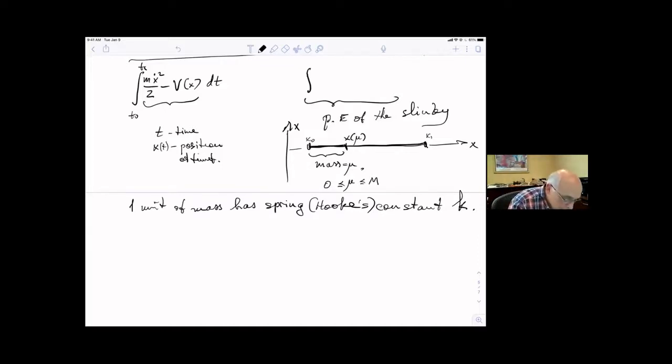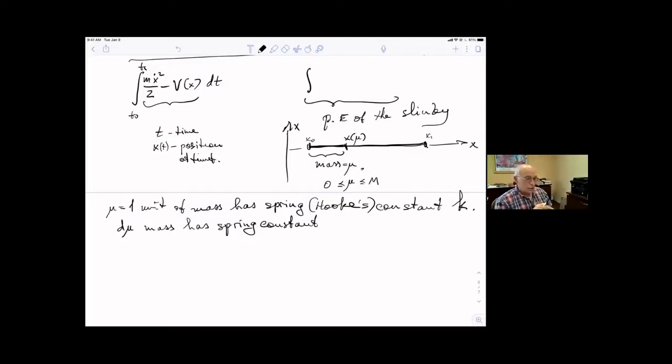What if I take a small piece of this, d mu, a small unit of mass, what spring constant does it have? If I cut this in half and ask how stiff is the half compared to the whole, what do you think is the spring constant of half?